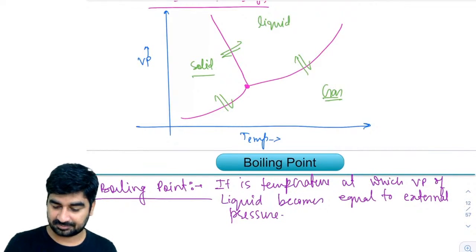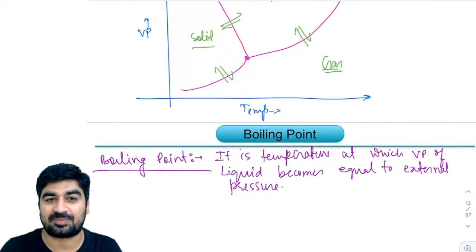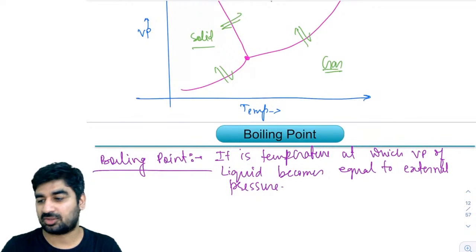Okay, guys. So it is the temperature at which vapor pressure of liquid becomes equal to external pressure. Got it?